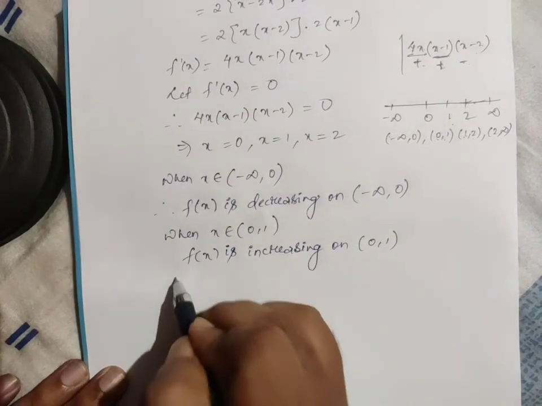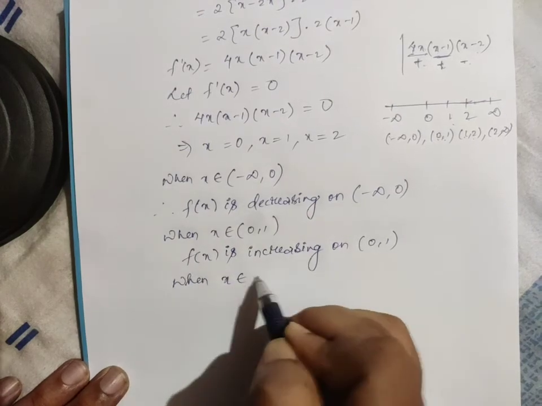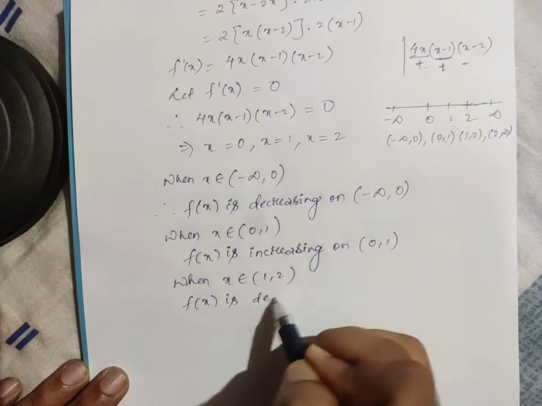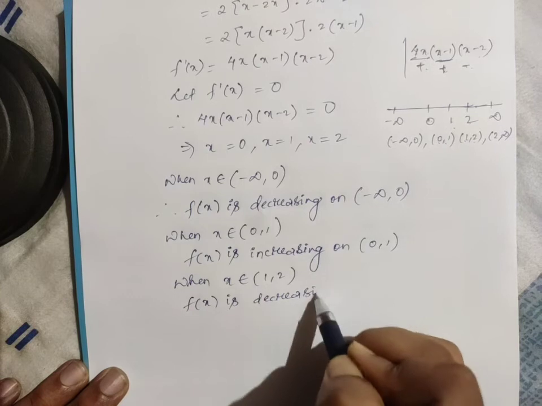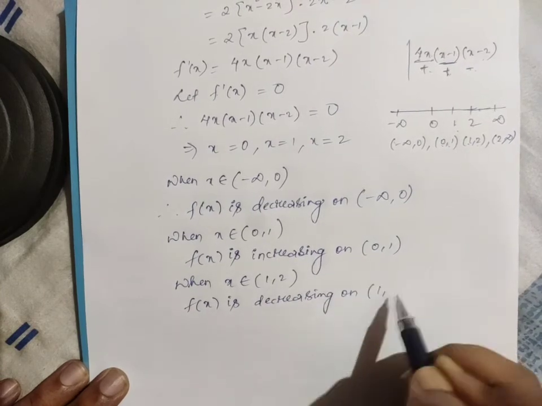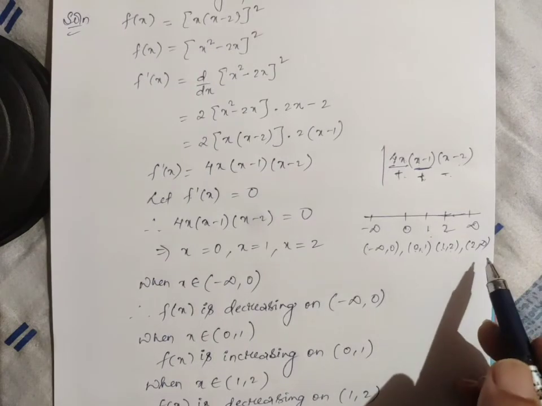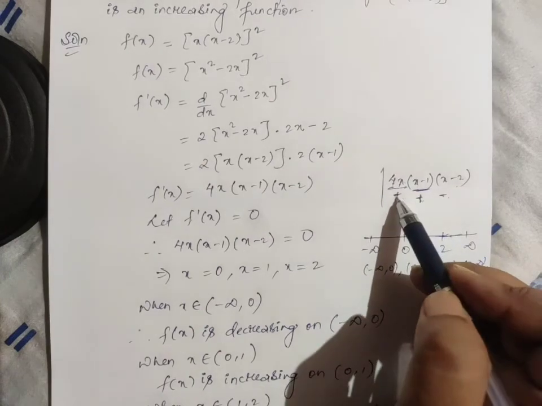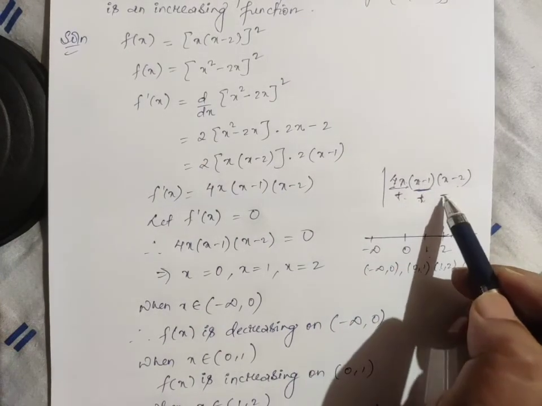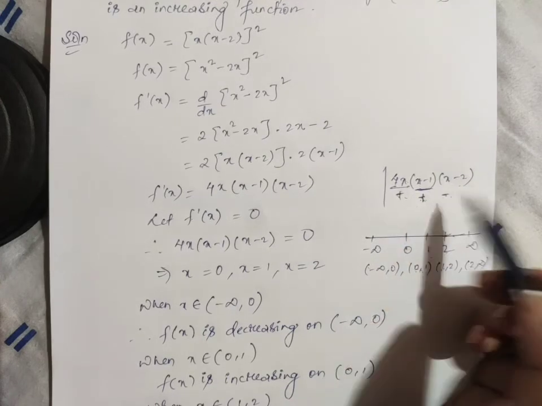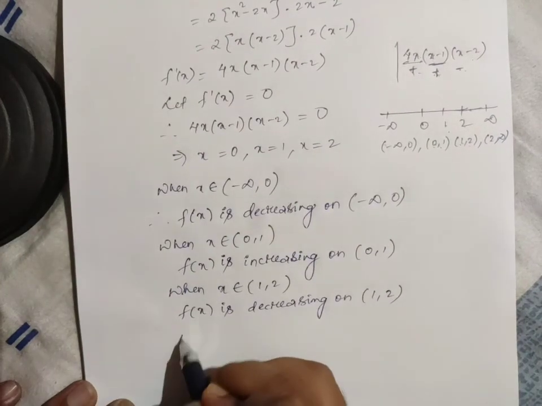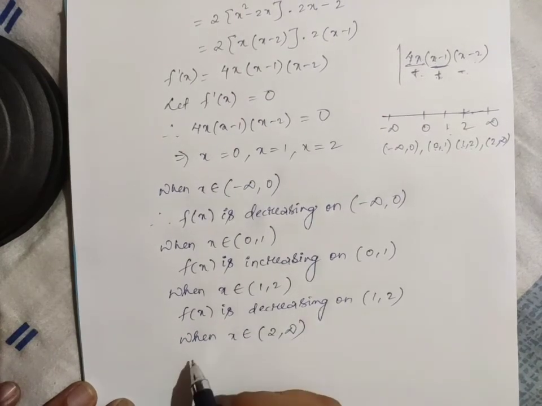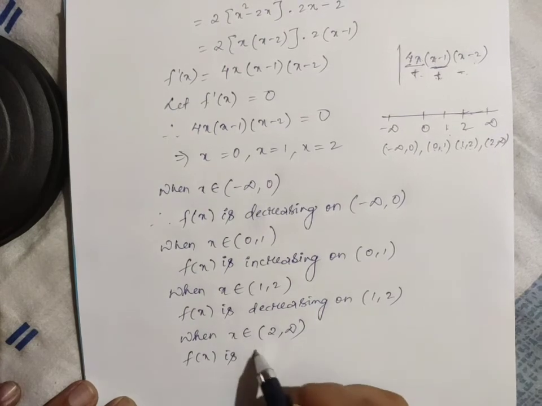So when x belongs to 1 comma 2, f of x is decreasing on interval 1 comma 2. Now the last one, 2 comma infinity. Let us take 3. If you take 3, this is positive, this is also positive, and this is also positive. If all are positive, that means it is increasing. So when x belongs to 2 comma infinity, f of x is increasing on 2 comma infinity.